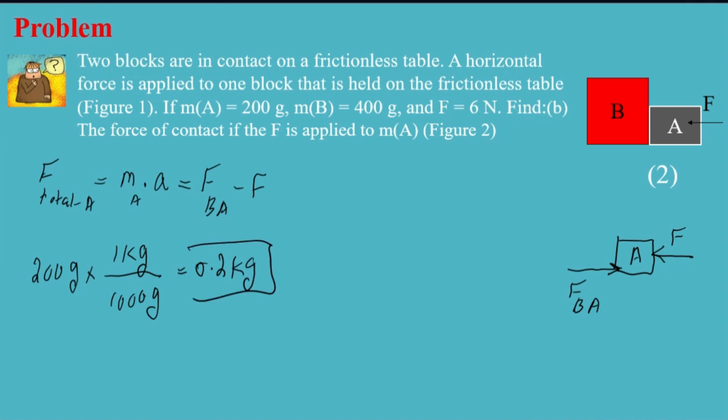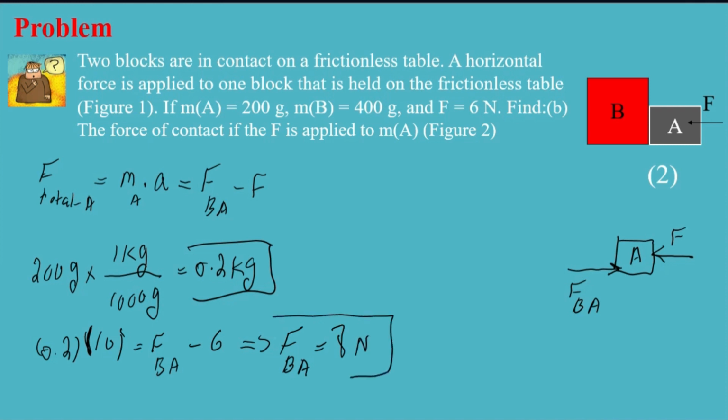And then I have 0.2 times 10 equal to FBA minus 6 newtons. So if I do the math, my FBA is going to be equal to 8 newtons. And that's going to be my final answer for part B.